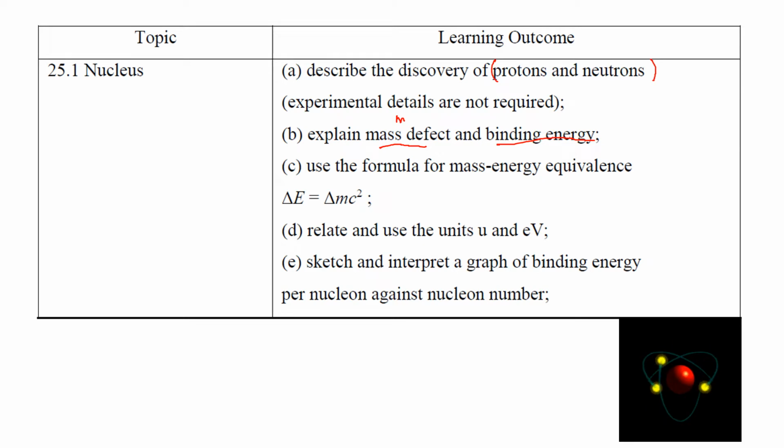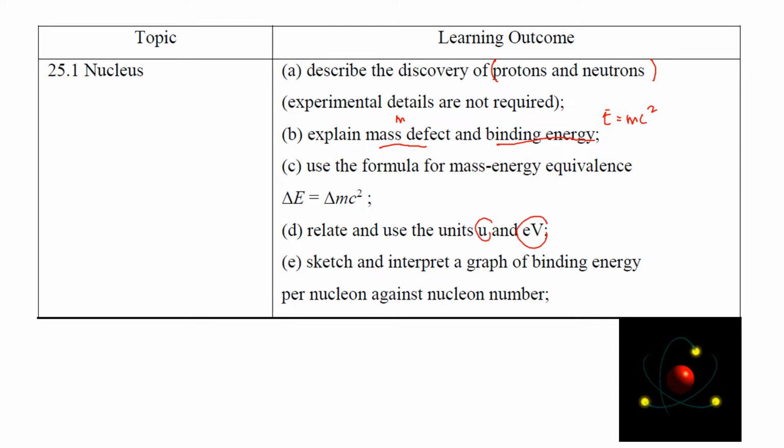Einstein equation, E equals mc squared. For higher level, these equations represent the binding energy. Use the formula for mass-energy equivalence, that is delta E equals delta m c squared, and relate the use of the units U and electronvolt.